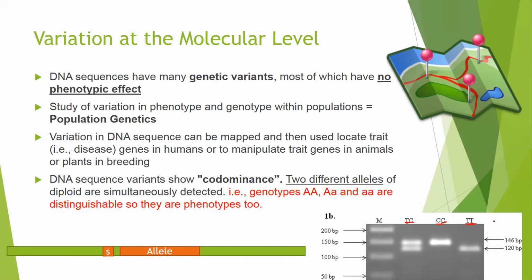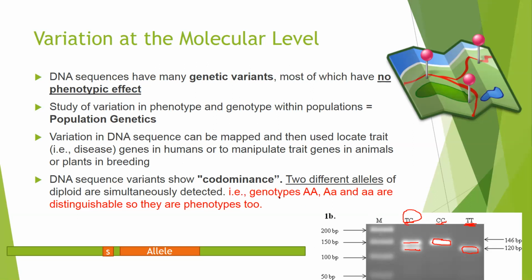If we run a gel for DNA from different individuals carrying different genotypes, this homozygous genotype will give you a band like this, and this homozygous genotype will give you a band like this, because they have different molecular weights. So if you run the gel, you're going to see two different phenotypes, right? So it's easy. However, if you run the gel for the heterozygous individual, you will have both bands.